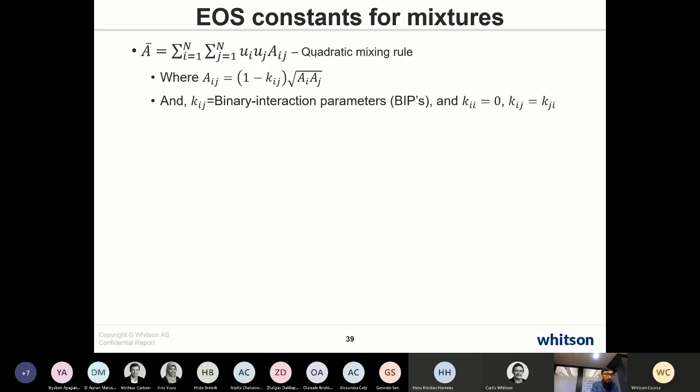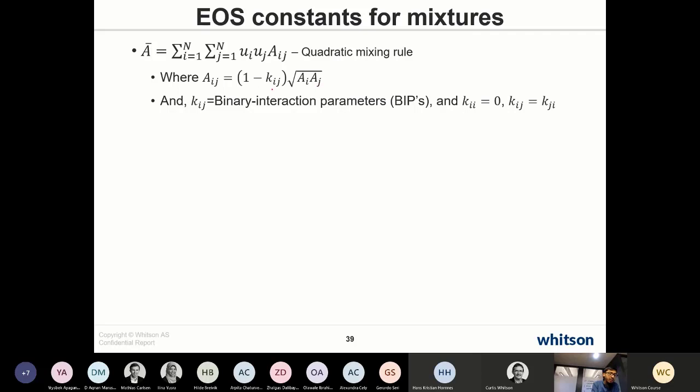We have two summations here, representing the amount of each component, and then this is the Aij, the A value for components i and j, which can be calculated knowing the A value of component i and component j.